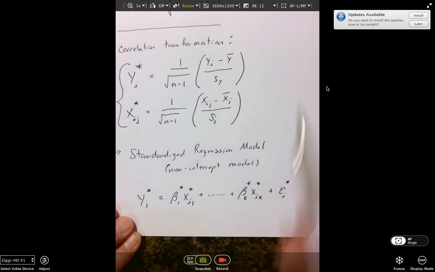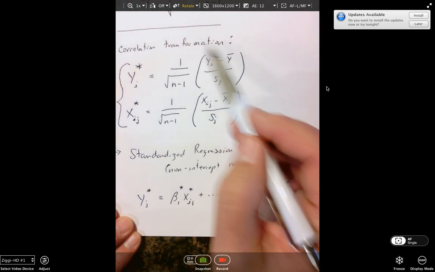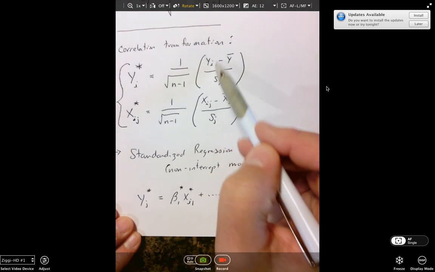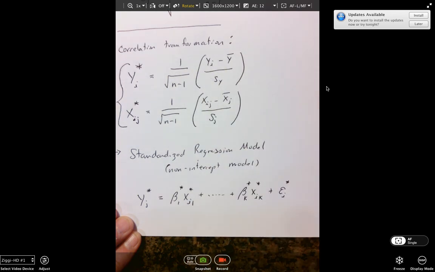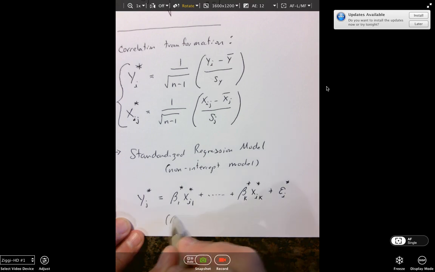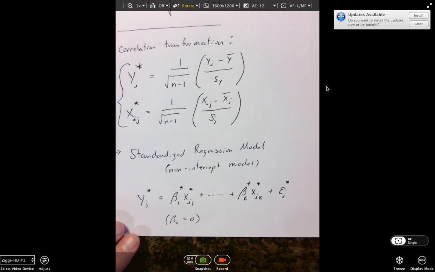If you look up here in our z-score, if we replace y sub i with the mean, we're just going to get 0. Of course, 0 times 1 over n minus 1 is just going to be 0. So at the end of the day, our beta 0 turns out to be 0. So there's no need including it in the model because it has no effect. So guys, we call the standardized regression model the non-intercept method.